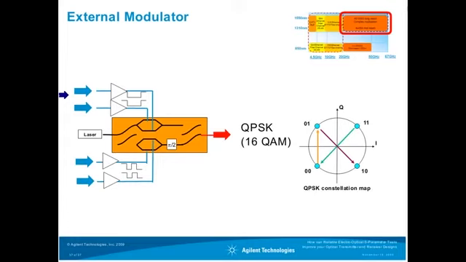Those complex modulators consist of two individual modulators, which are modulated by different bit streams, and those two different bit streams combined realize the constellation map for the QPSK modulation.